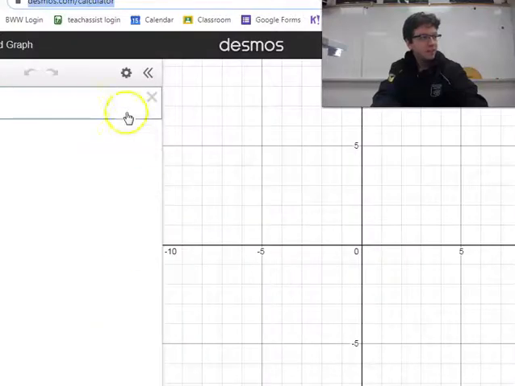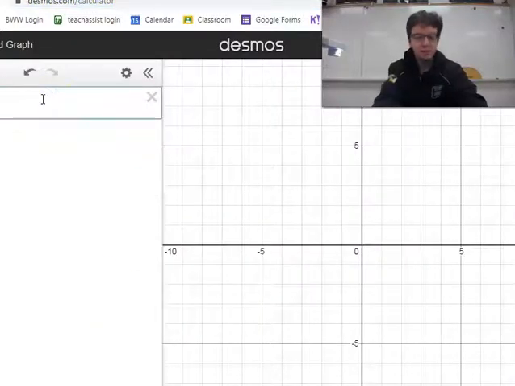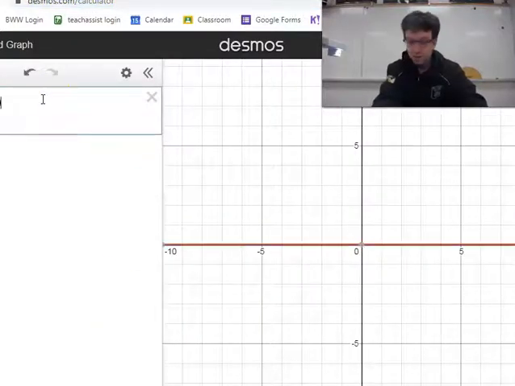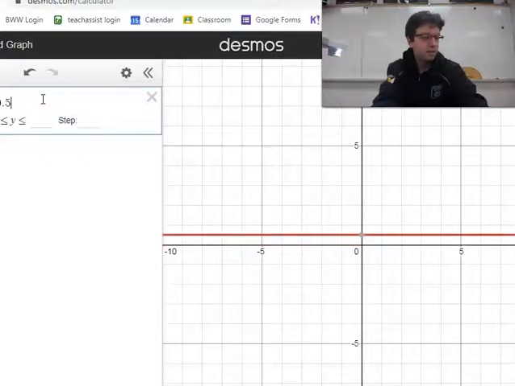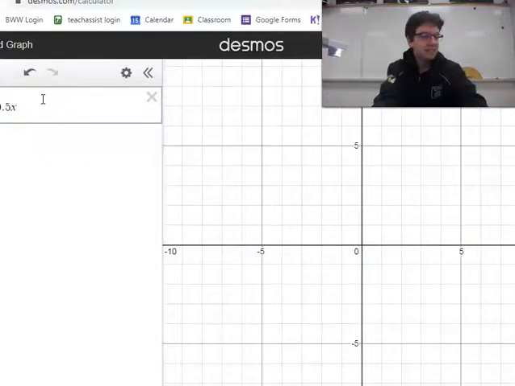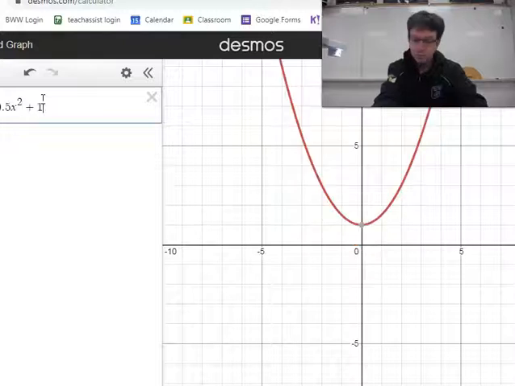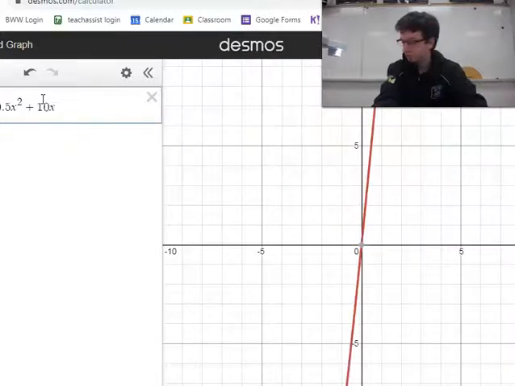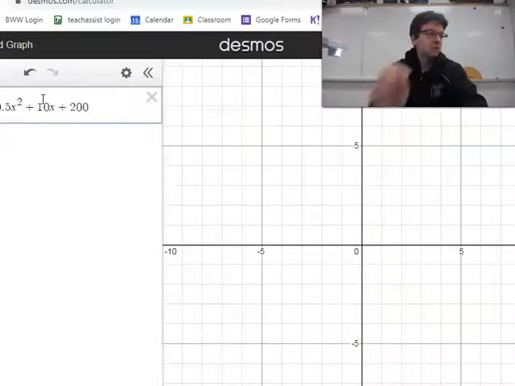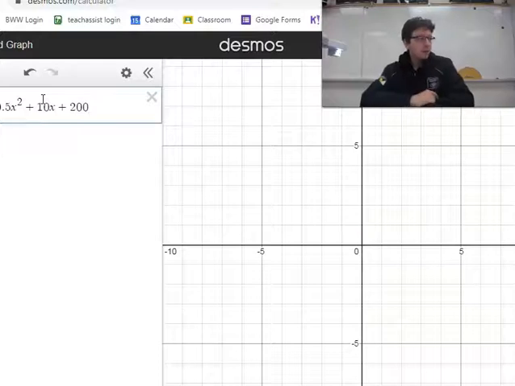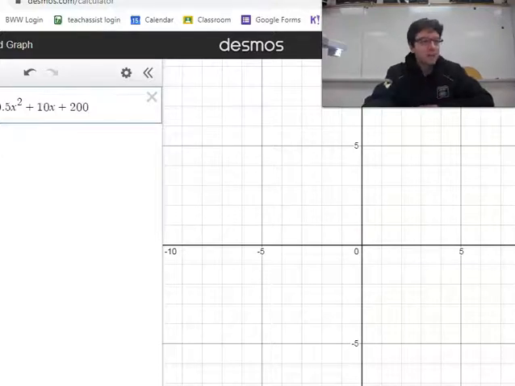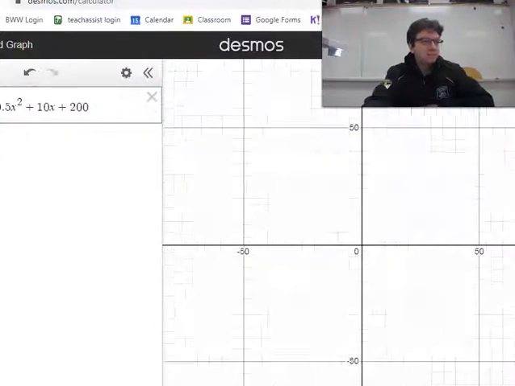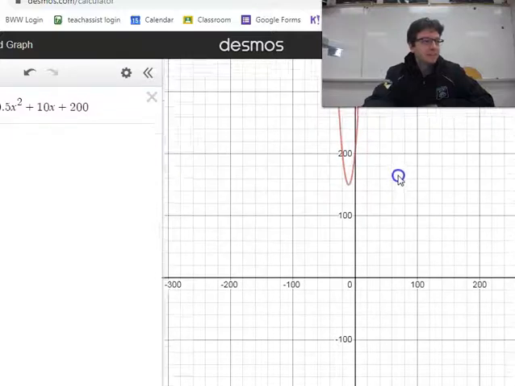Okay, and then you can type in this equation, which would be y equals 0.5x squared, even though it says t, I'm going to write x because that's what Desmos likes, plus 10x plus 200. All right, so I don't see that anywhere on my graphs. Let me zoom out. There it is.